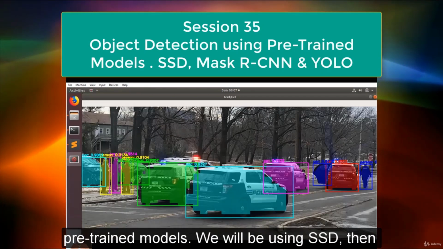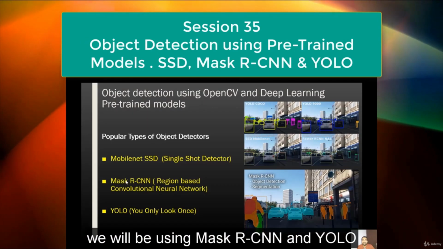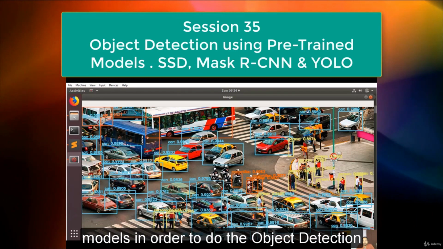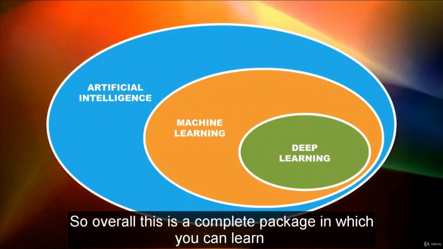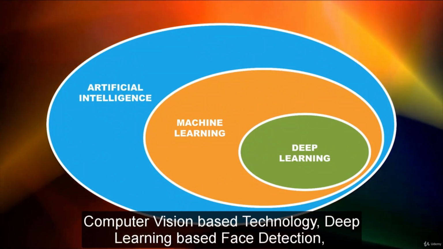We will be using SSD, then we will be using Mask R-CNN and YOLO models in order to do the object detection.